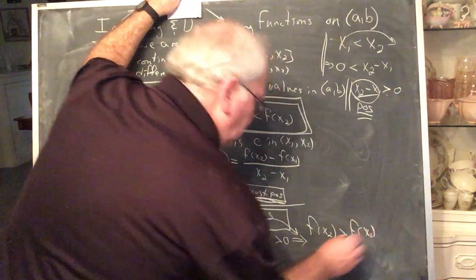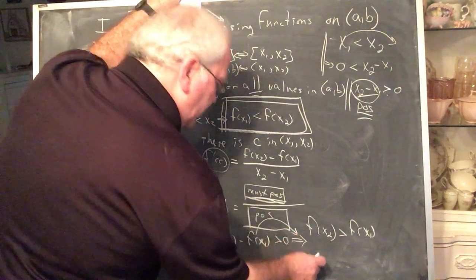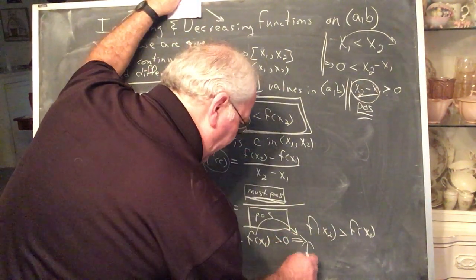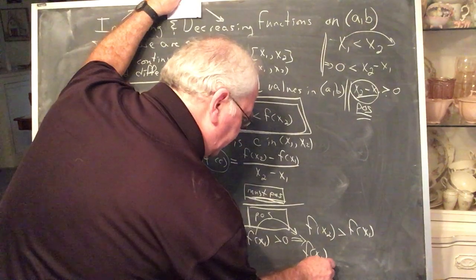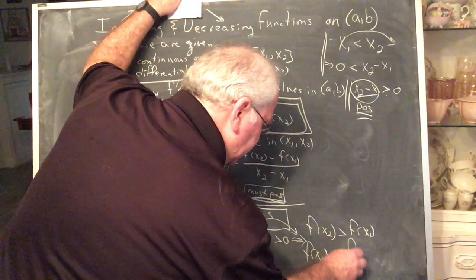Well, if A is bigger than B, then B must be smaller than A. So f of x1 must be smaller than, I'm just going to reverse this inequality, f of x2.